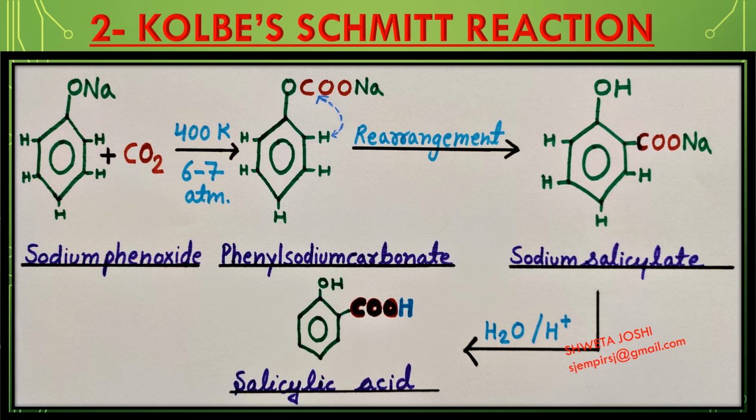Sodium salicylate upon hydrolysis in acidic medium forms salicylic acid. In this case, on increasing the temperature, we can also obtain para product as the main product. Sodium phenoxide used in this reaction can be obtained by neutralization reaction of phenol with sodium hydroxide.